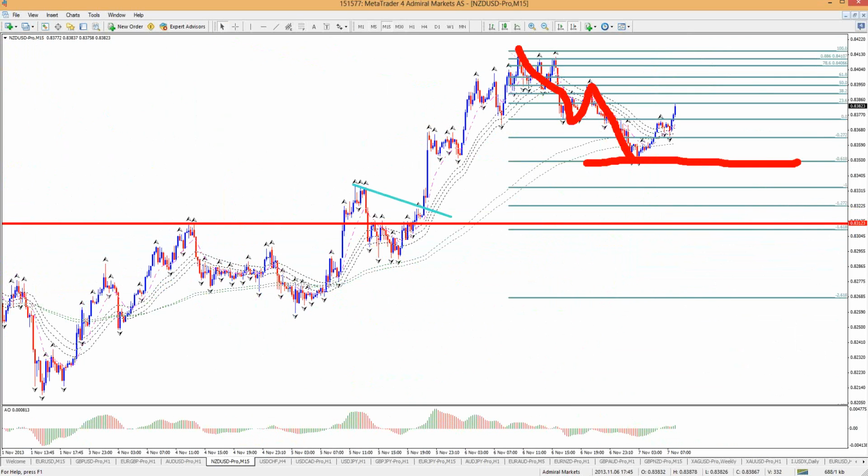Right to the minus 618. Fascinating, isn't it? It's always a good idea, if you see a correction, to put a fib and wait for this target. It's a very, very good way of trying to catch a bounce back in the direction of the trend.